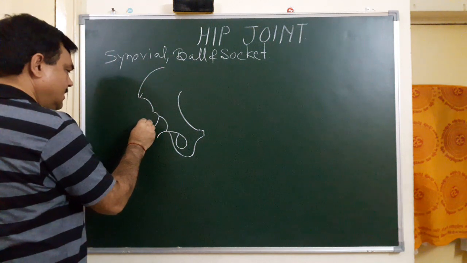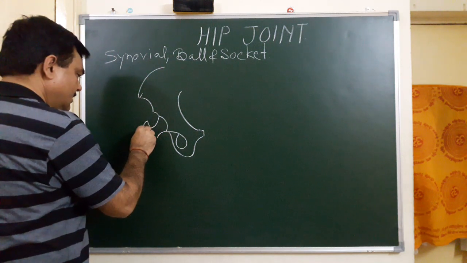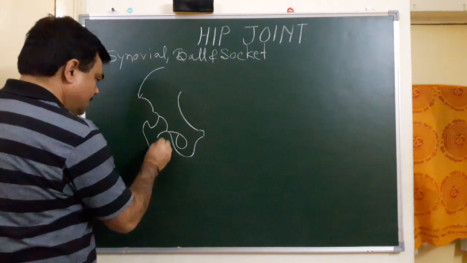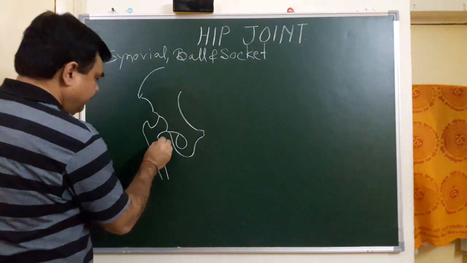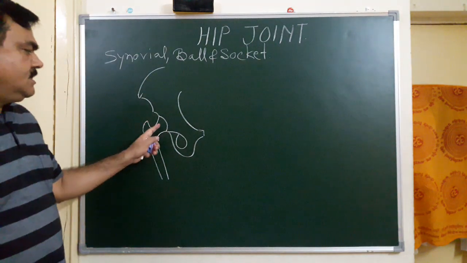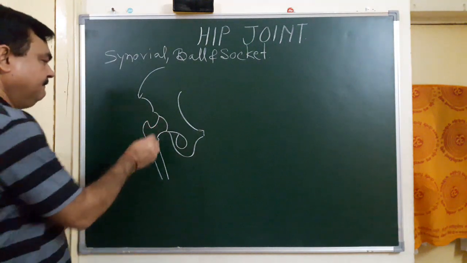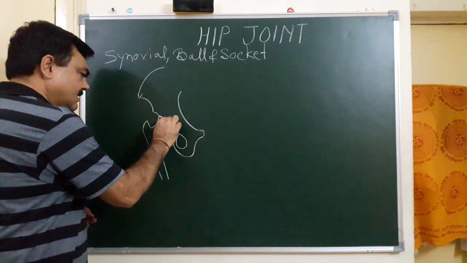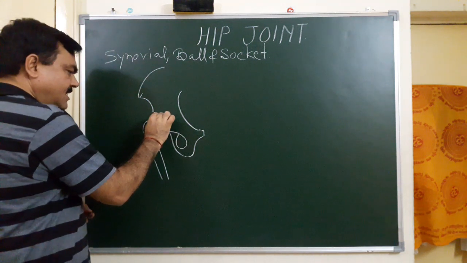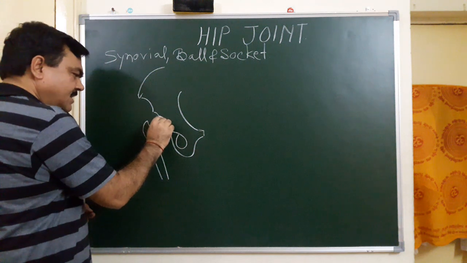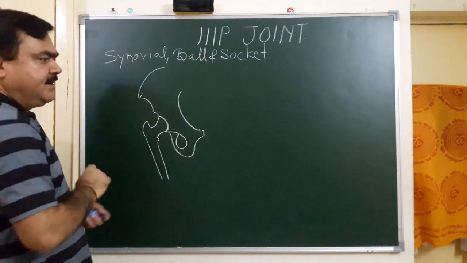Here you can see this is the hip joint. This is the margin of the acetabulum, this is the neck, and this is the head of the femur.